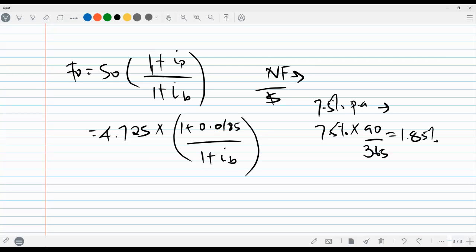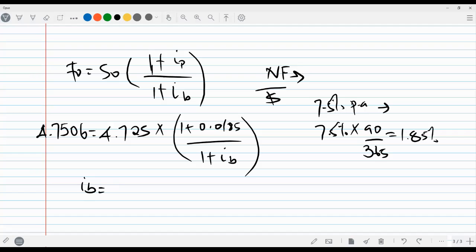The 90-day forward rate is equal to 4.7506. Therefore, we get the interest rate by simply dividing and multiplying.